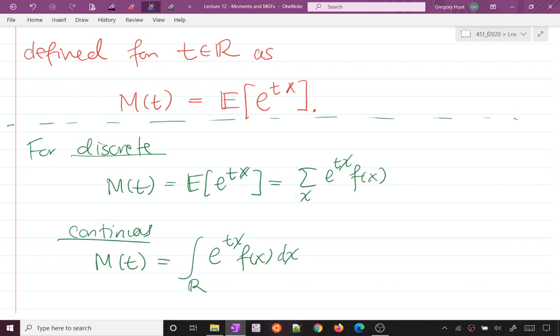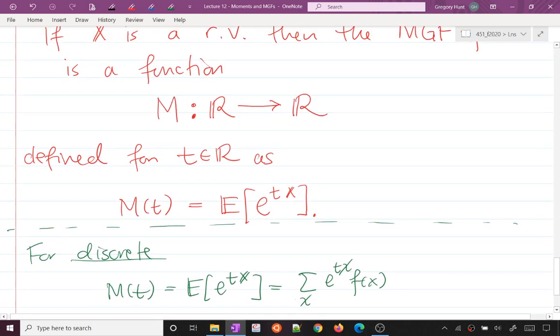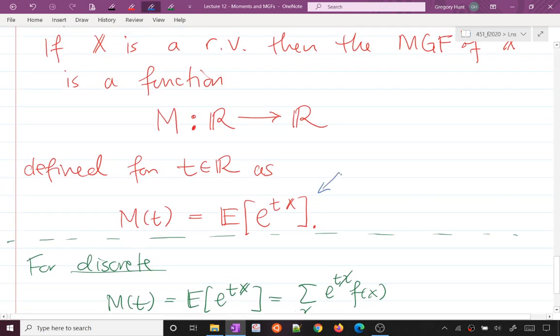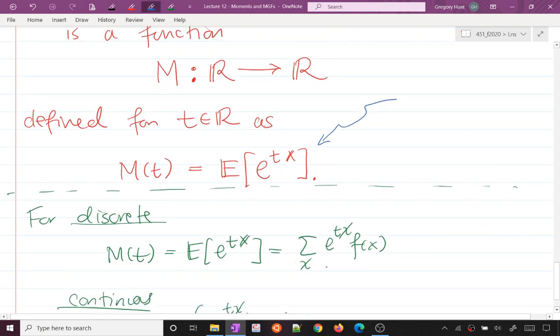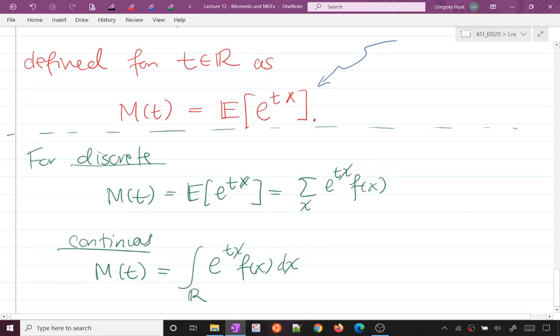A kind of technical note about this is that expected values, of course, don't always have to exist. This is one of the reasons I pointed this out earlier. And so it's possible I could plug in some value for t where this expected value doesn't exist, either because the integral or the summation doesn't converge.